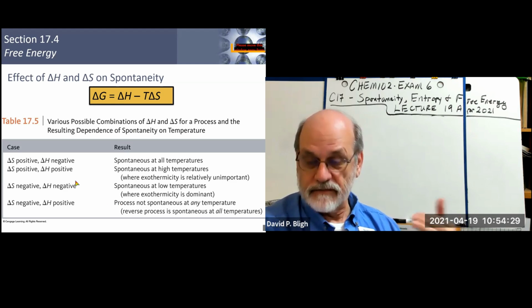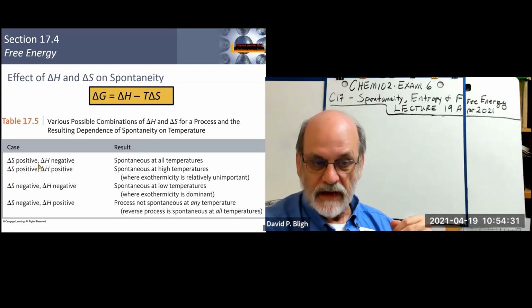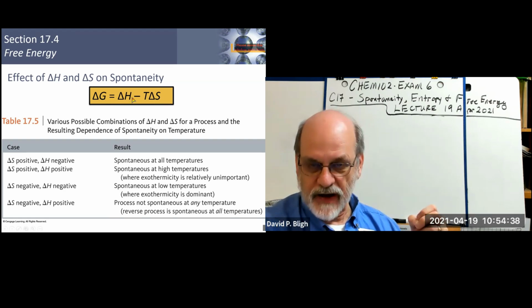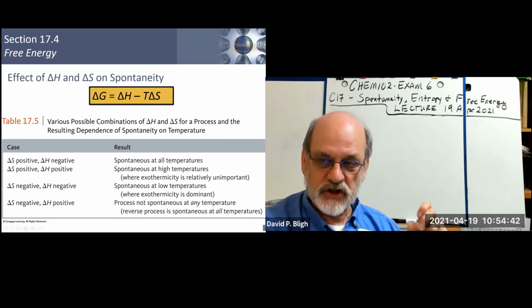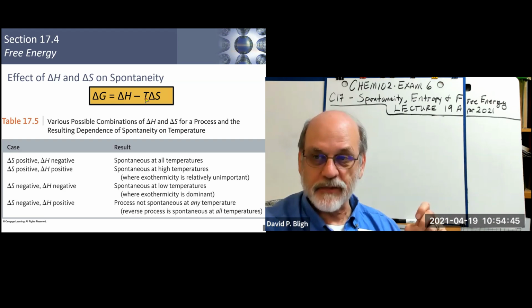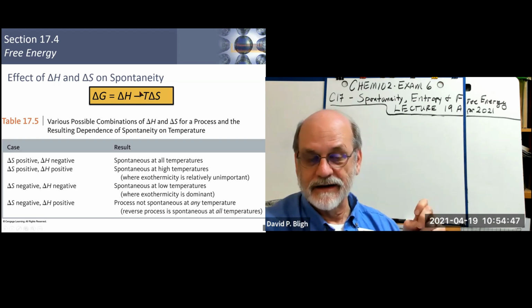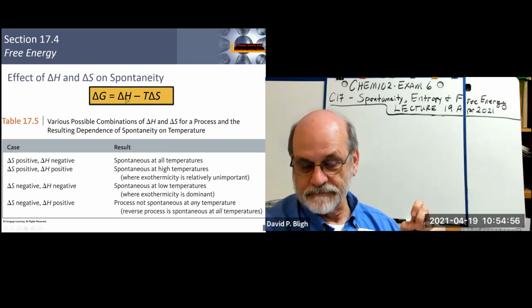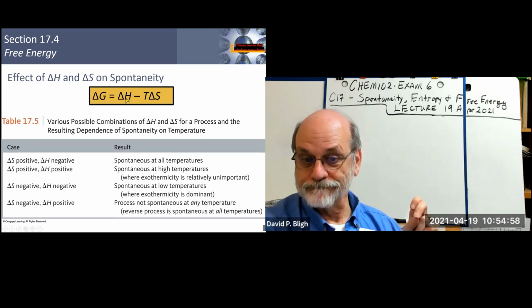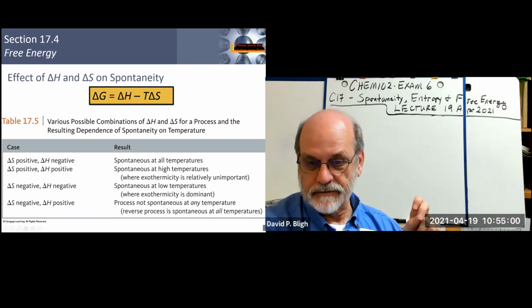Then you have in between. If delta S is positive and delta H is positive, then the only time you can have a delta G negative is when temperature is very high, which makes this term large enough to exceed the positive delta H. Okay? Then it would be spontaneous.